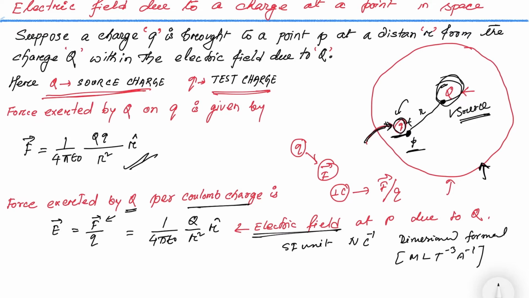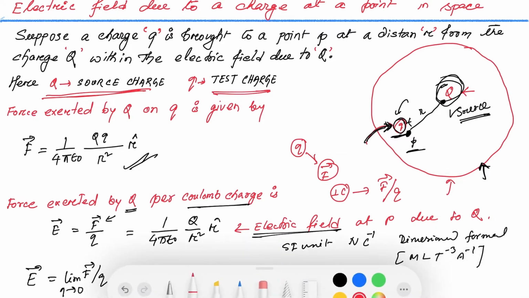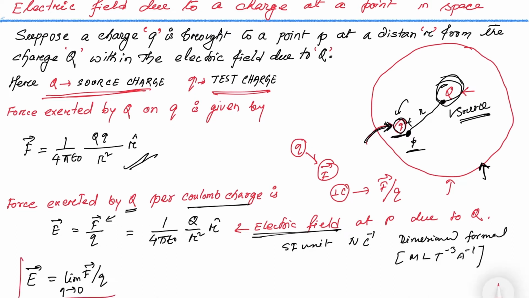We have assumed that this small q charge is very small, so the electric field due to this charge is negligible. So we can write electric field E, instead of writing F by q, as the limit q tends to 0 of F by q. Okay, I hope you have understood why I should write this.